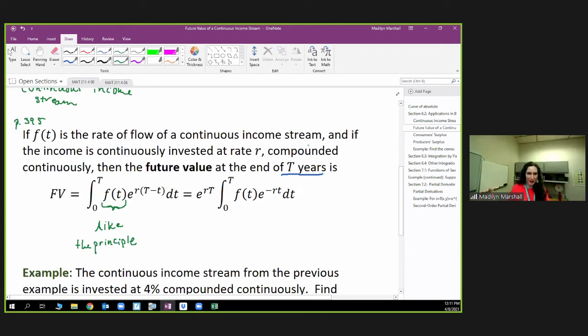So we're going to switch gears to a different application of integrals now. Any questions about either of these concepts? Okay.